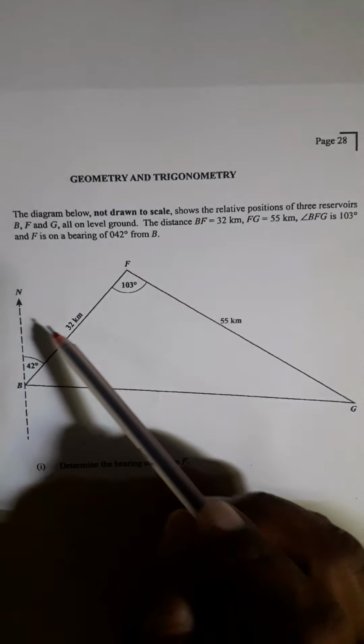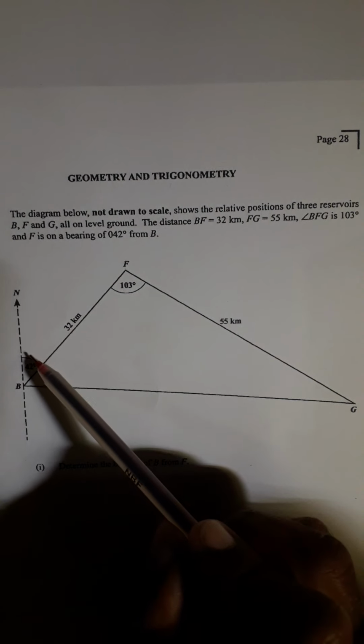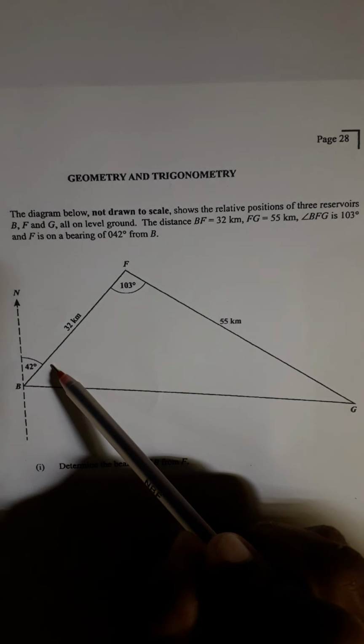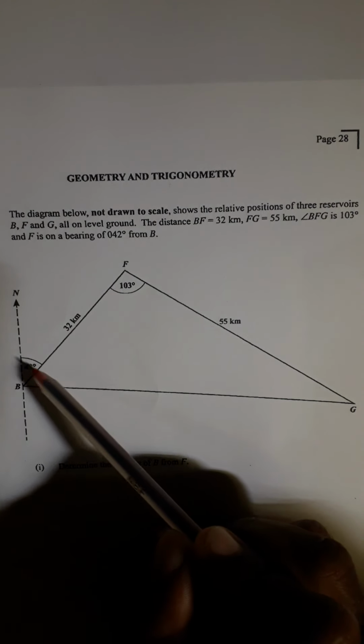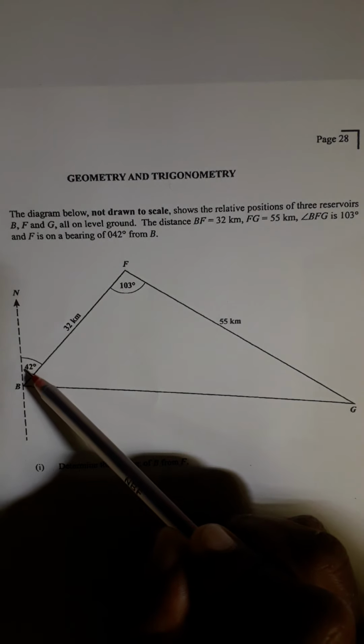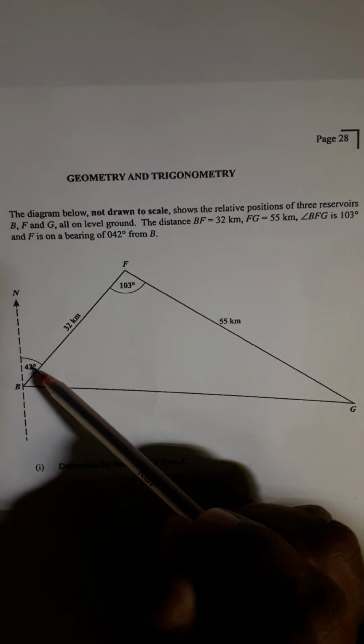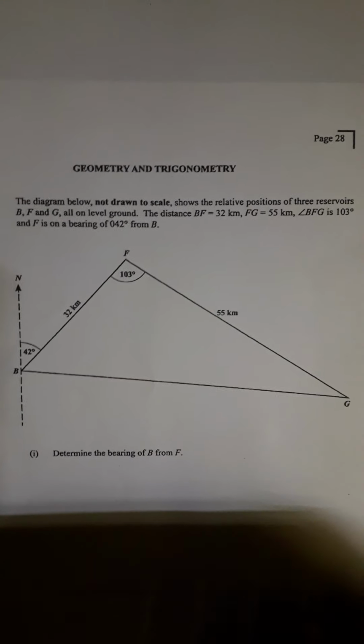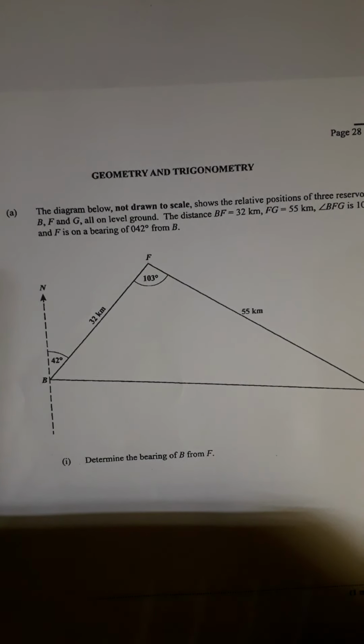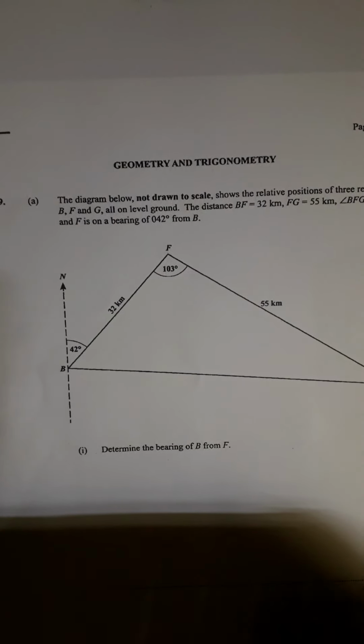F is on a bearing of 042 degrees from B. So we have a starting point at B, the north line. I don't know why they didn't put in the 0 there, but you should have a 042. In this question, the diagram is drawn for us. Some questions will require us to draw or sketch the diagram.